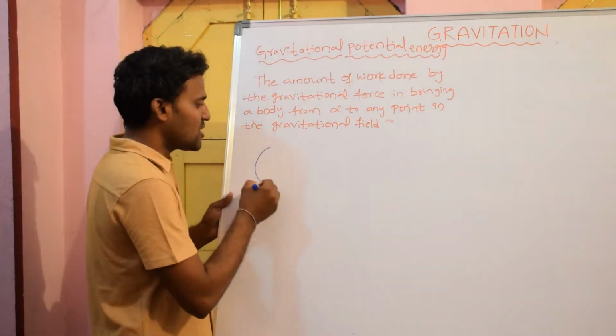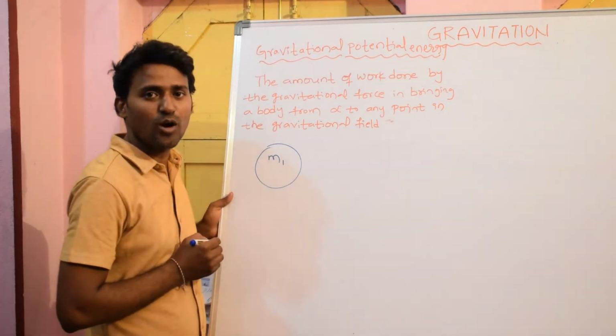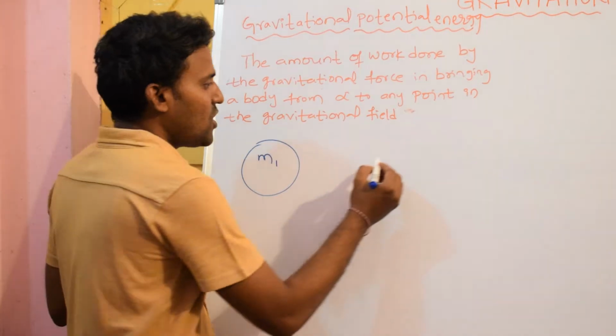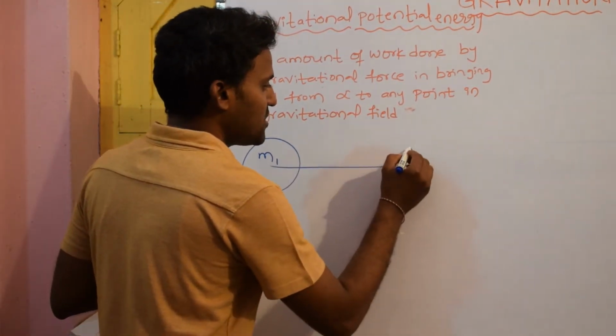Now, first I am taking one object. Mass of the object is m1. Now, another object, this one I am taking from here to here.